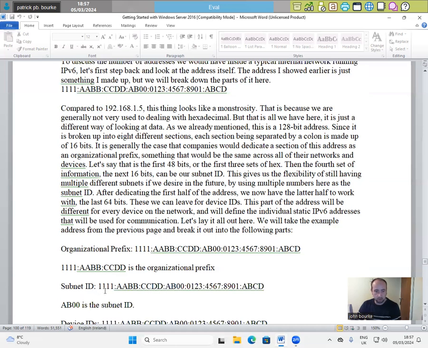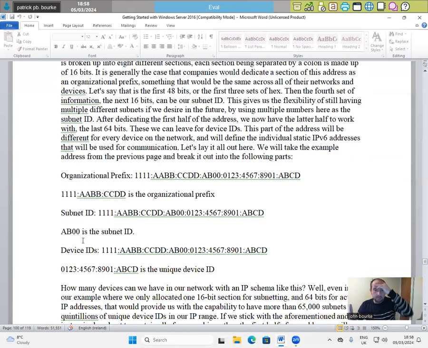Subnet: 1111:AABB:CCDD:AB00:0123:4567:8901:ABCD.